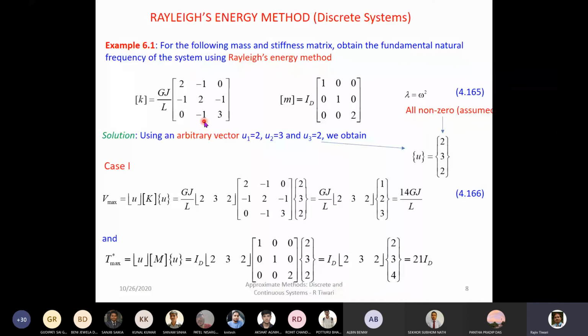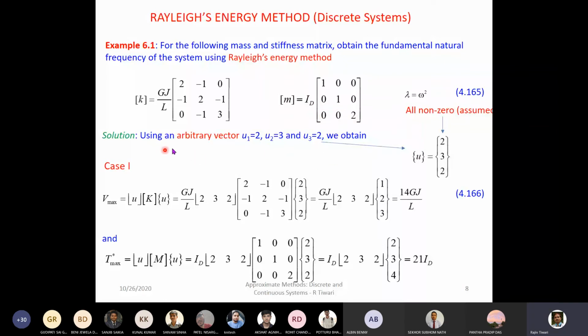Directly, I'm giving this stiffness matrix for a particular system. This is the mass matrix given to us, and we want to use the Rayleigh quotient to obtain the fundamental natural frequency or any other natural frequency which we can get.